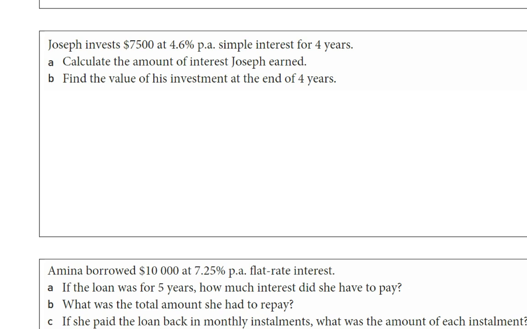On to our next question. Joseph is investing $7,500 at 4.6% simple interest for 4 years. We're going to calculate the amount of interest Joseph earned and the value of his investment at the end of 4 years. So we've got 7,500 times 4.6 times 4. We can't have that percentage there, we need to change it to a decimal, which means dividing by 100.